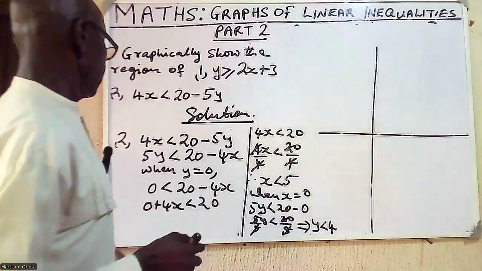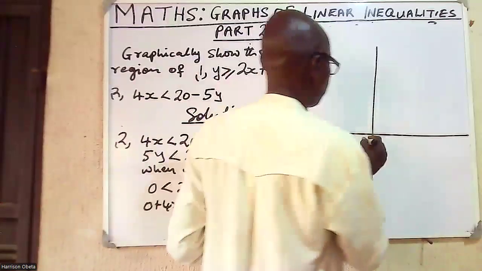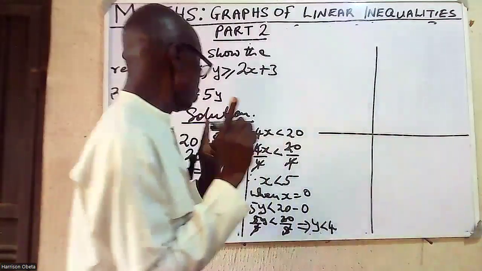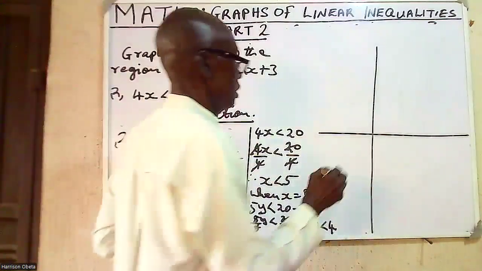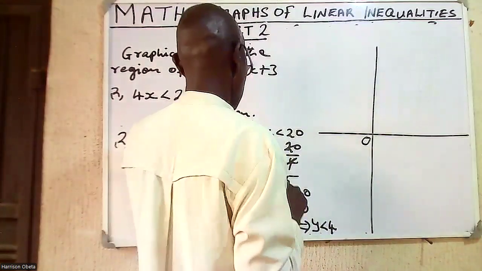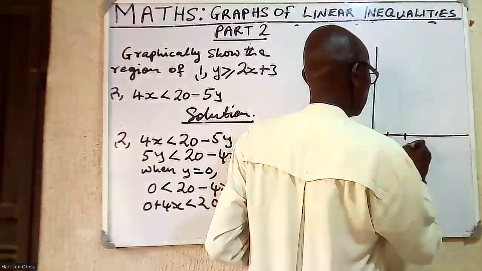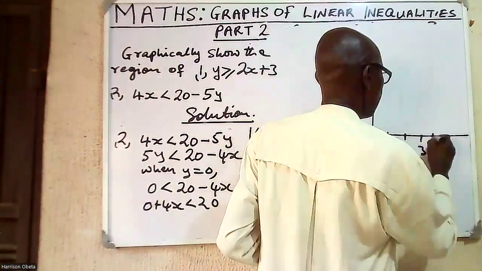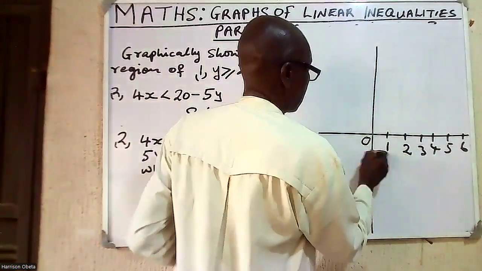Then we start. This one is at 5. Remember, because it is strictly less than, we are going to use a broken line. So this is 0. And then we now level. This is 1, 2, 3, 4, 5, 6.